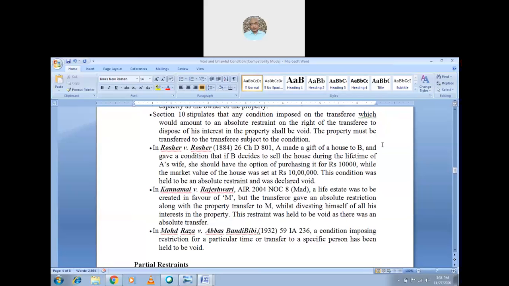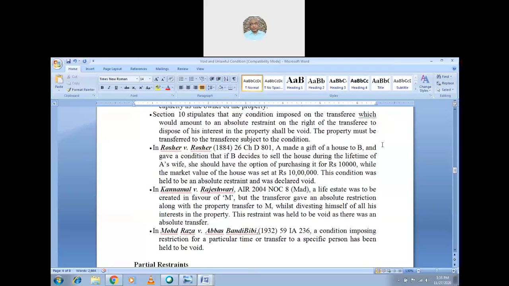So that much difference would be there. Such a condition put on the transfer is void and hence it cannot be applicable. When a person keeps an absolute condition, we can say that the condition is declared void. That is what happened in the Rocher versus Rocher case law.